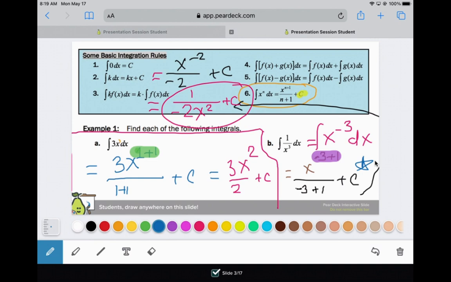But if your algebra and pre-calc skills are not strong, then that is the part you struggle with. Because I feel like a lot of you are thinking, what do I do now? You understand the calculus piece, but then you forgot how to factor, how to simplify, how to rewrite this function. If that's the case, check in with me and let me know. So, questions for me on the first two examples here?